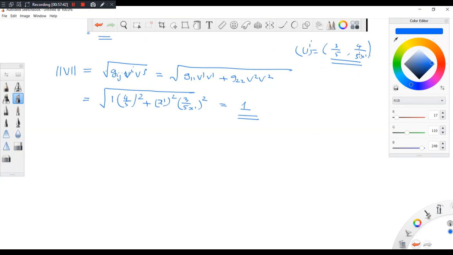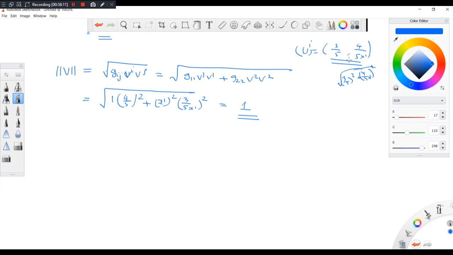But this is the square root of 3 by 5 whole squared plus 4 by 5 into x1 whole squared. If you look, it is a unit vector only. But when you look at this directly with the Euclidean metric, you may not feel that it is, but by transformation I can show that it is. The length is invariant. Yes, you are right.